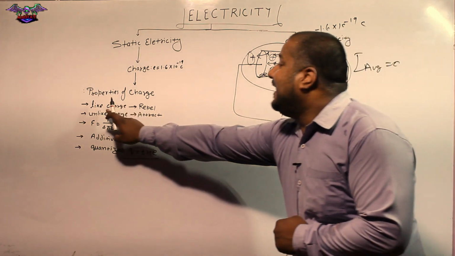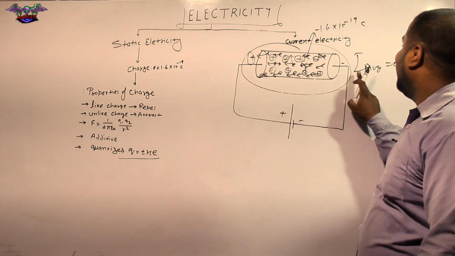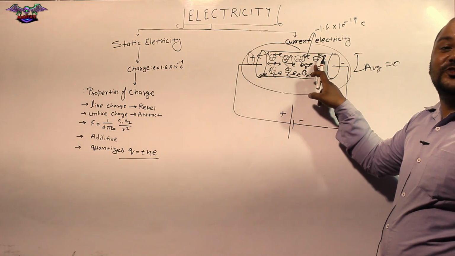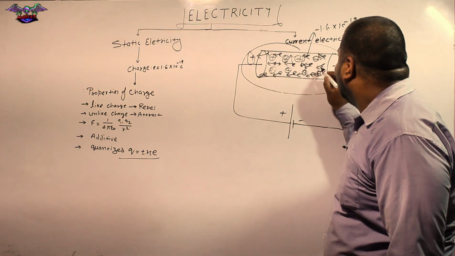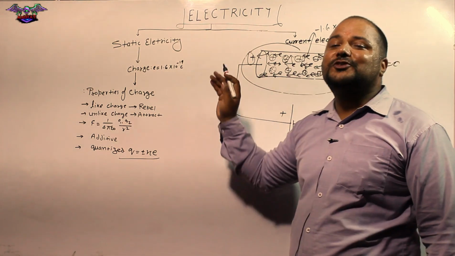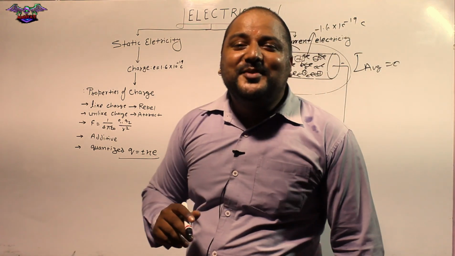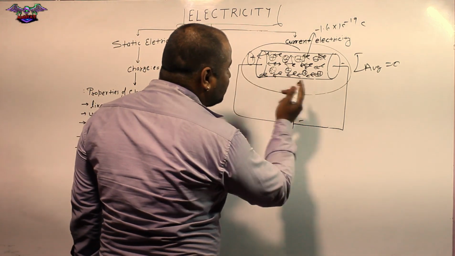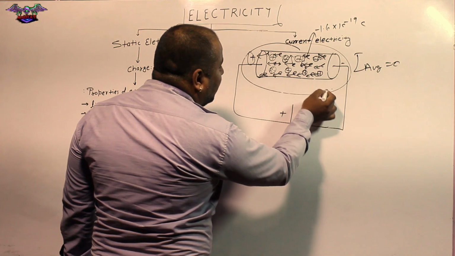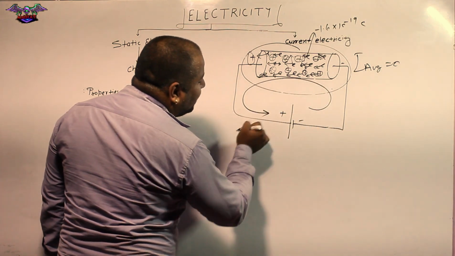All electrons will be attracted towards the positive terminal. And like charges repel each other, so the negative terminal repels the negative free electrons towards the positive. That means the direction of the electrons is from the negative terminal to the positive terminal.